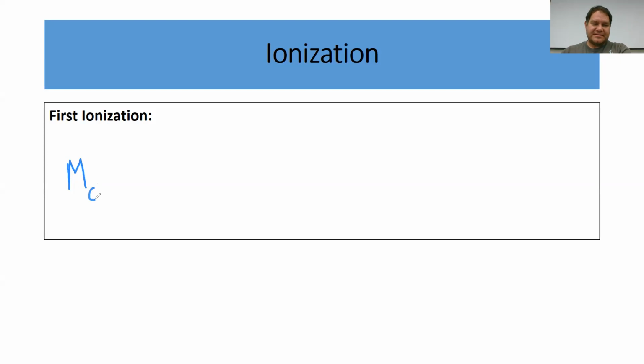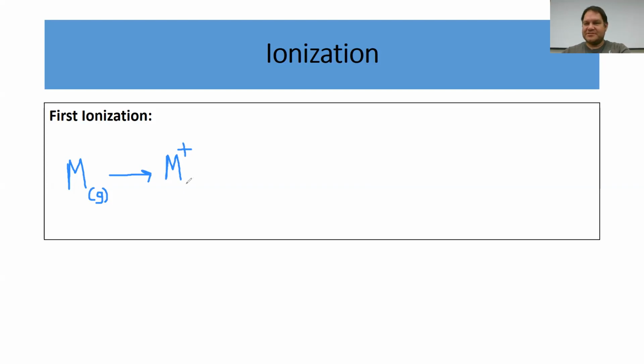All right, so let's say we have a metal, and in order to ionize an electron, it must be in the gas state, okay? And so then we're going to draw an arrow. This arrow represents that a process is going to occur. And in this case, it's going to undergo ionization. And therefore, the metal loses an electron, becoming a positively charged atom, a cation.